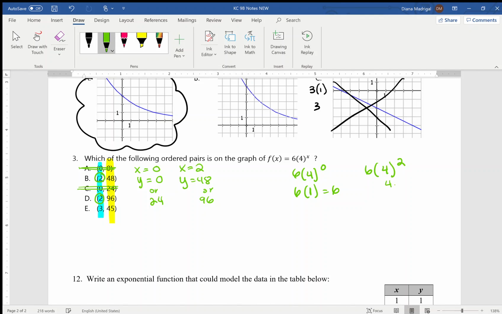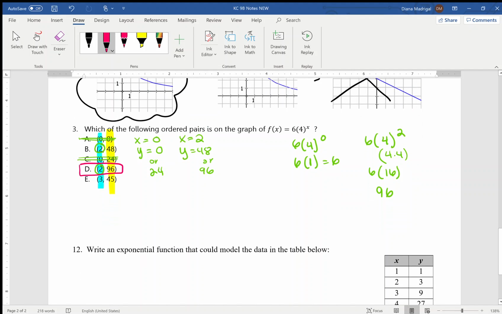So 4 times 4, that's what it means. 4 times 4 is 16. So I'm going to have 16 times 6, and that's going to give me 96. So my answer for this is option D. I did not have to try option E anymore. Option D is my final answer.